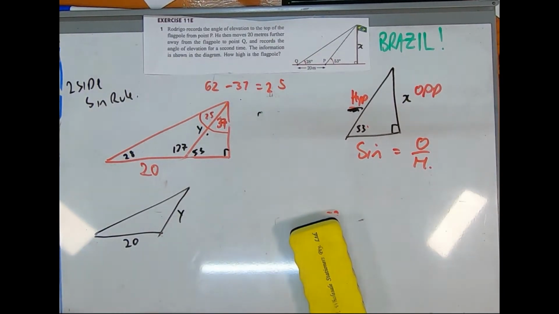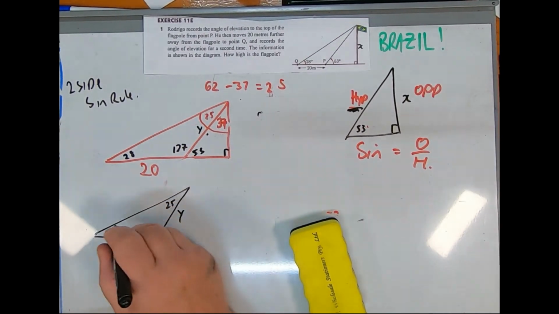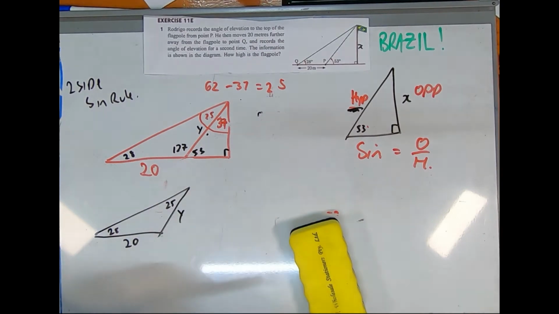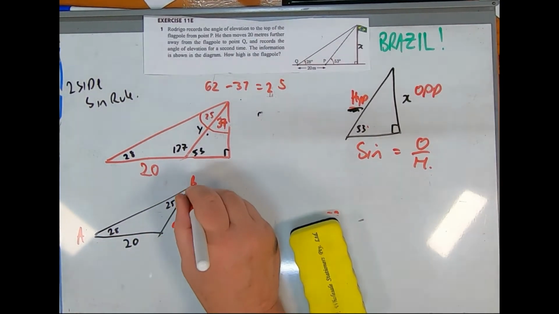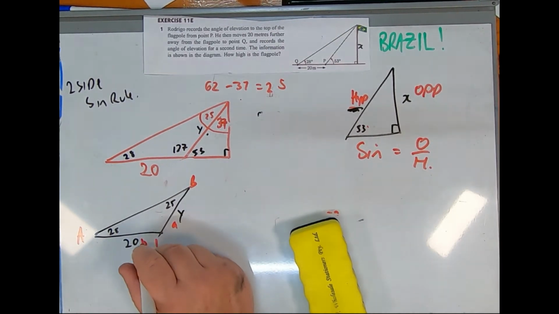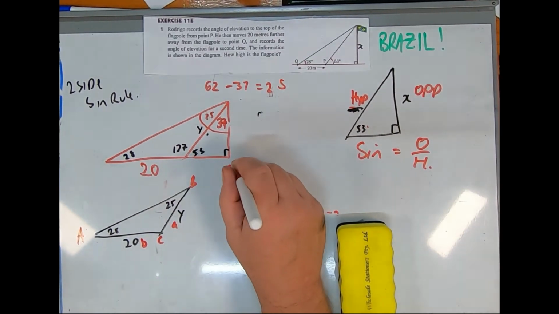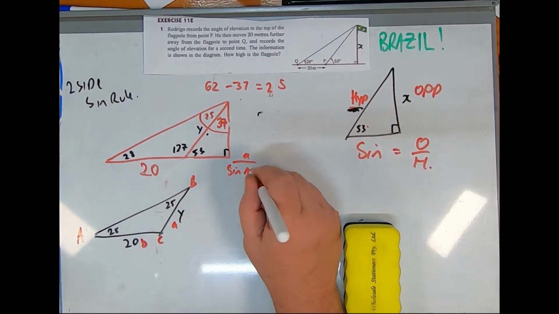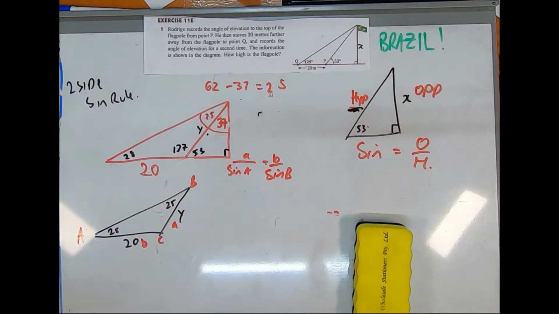Of all these angles, what is it that I need? I need those two because they're opposite the sides I want. Sin A on a equals sin B on b.